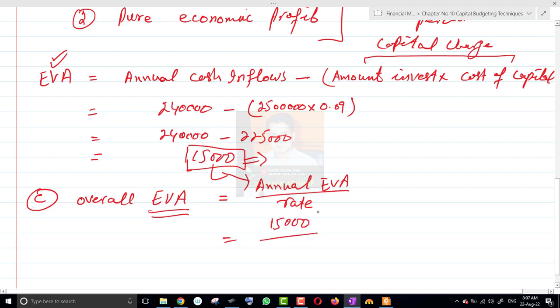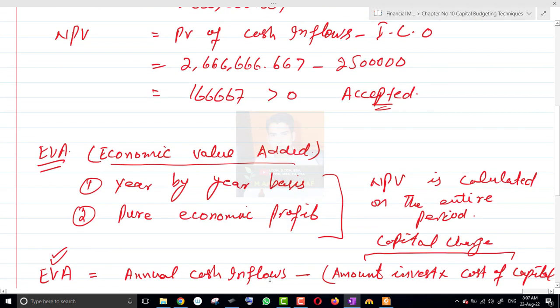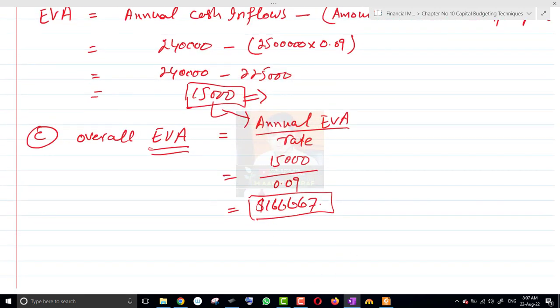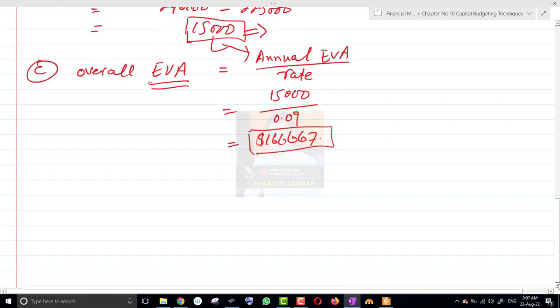Rate is equal to 0.09. The answer is 166,667, and the same is the result of the NPV. NPV also shows this amount. So in this case, NPV and economic value added show exactly the same answer.